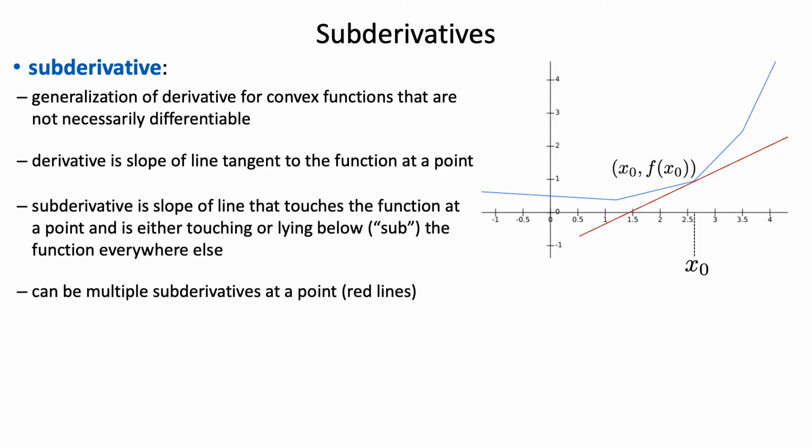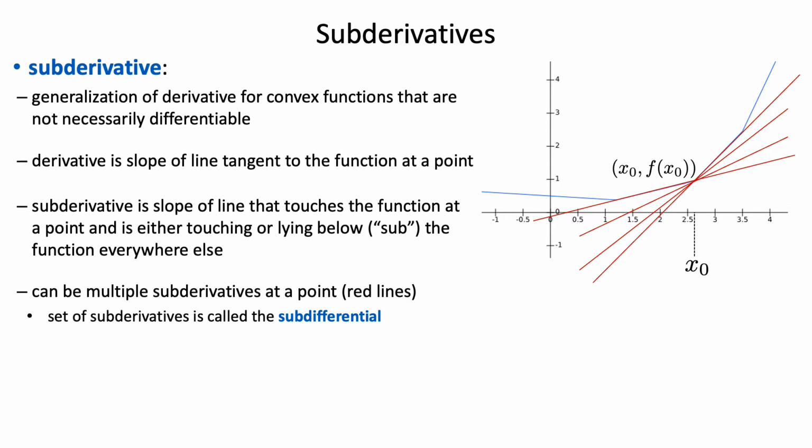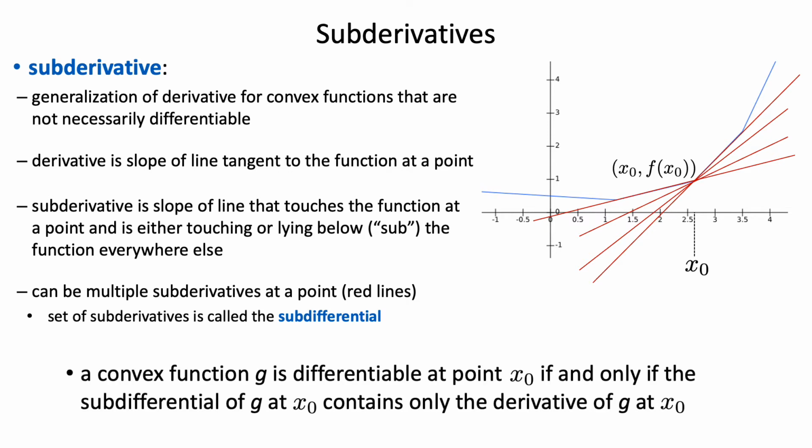Given the piecewise linear function shown in blue, these two red lines are subderivatives at the point x0, along with all other lines that lie under the function and pass through the point x0, f of x0. The set is called the subdifferential, and a convex function is differentiable at a point if and only if the subdifferential at that point contains only the derivative.